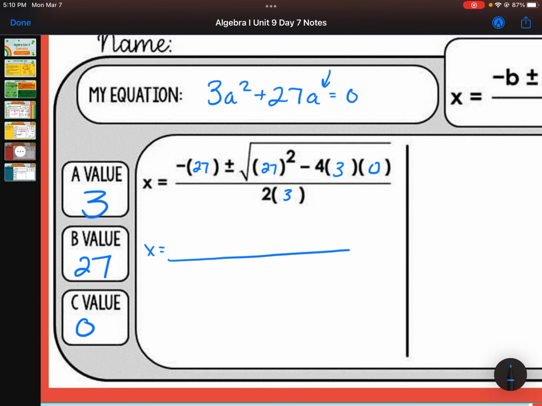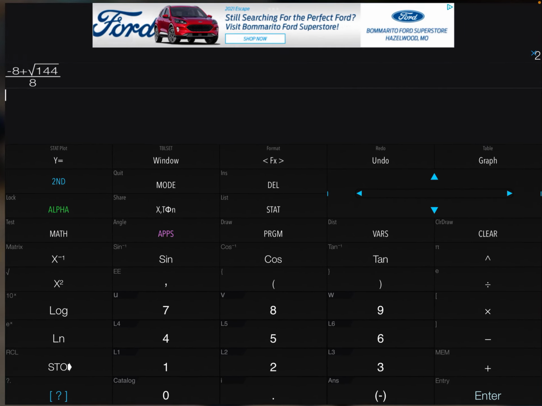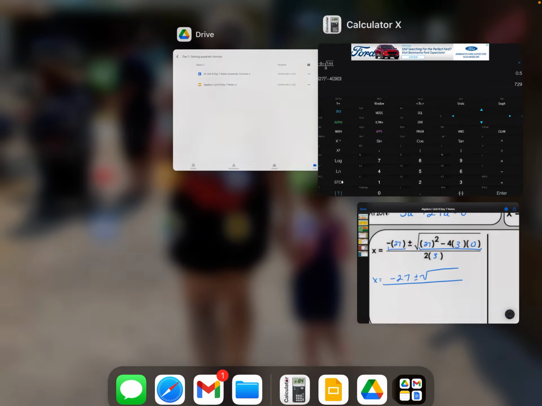Okay, simplify this in chunks. We have negative times 27, which is negative 27, plus and minus square root of 27 squared minus 4 times 3 times 0. Put it in your calculator. So 27 squared minus 4 times 3 times 0. 729.